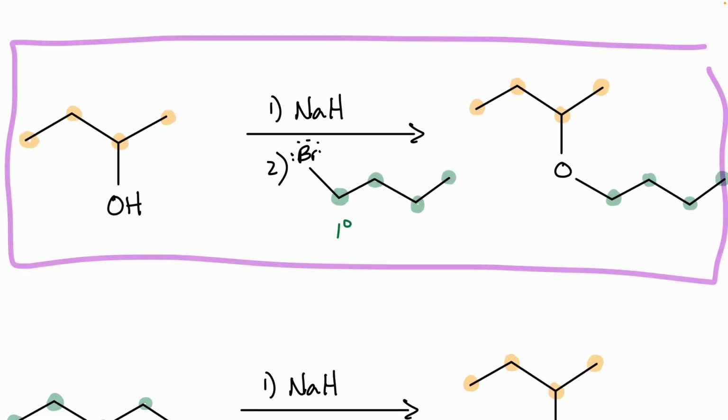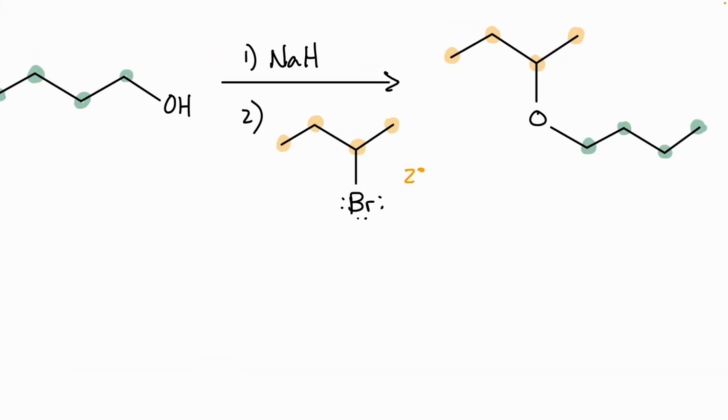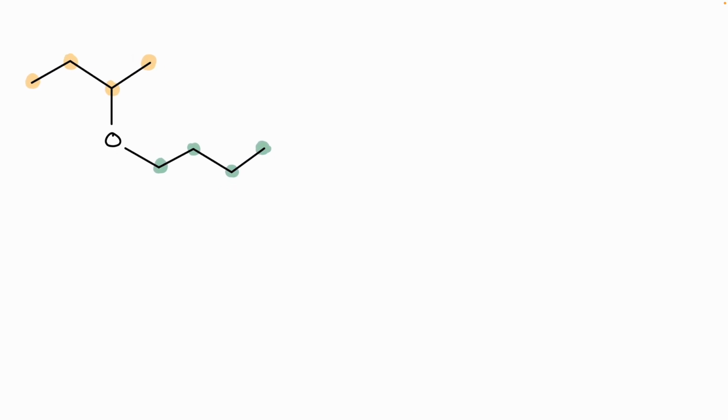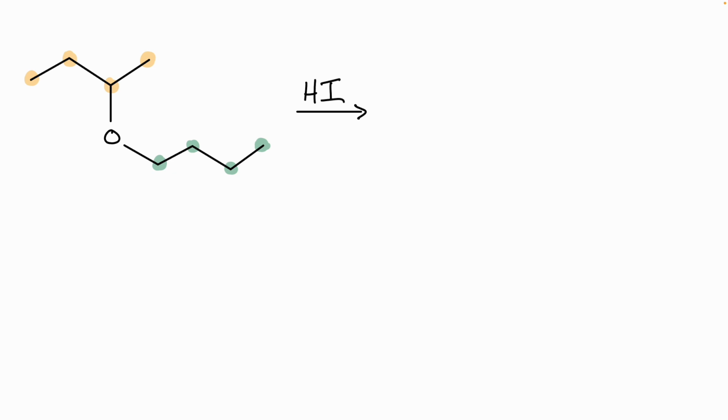So if we were going to make this ether here, we talked about how to do so using the Williamson ether synthesis. Now I want you to tell me what's going to happen if we were to treat this thing with our hydrohalogen. Let's just use a different one for fun here. We're going to use hydroiodic acid. Super strong acid.